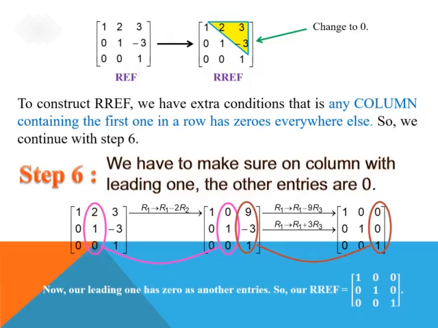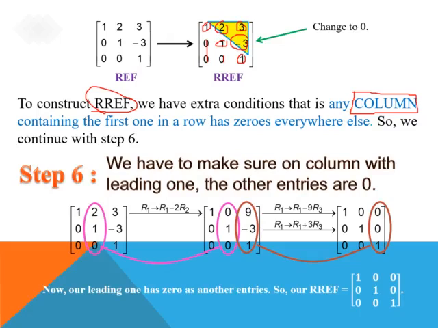To construct RREF, we have an extra condition. Any column containing the leading one in a row has zeros everywhere else. So meaning for every leading one, the other entries must be 0, 0, 0, and this one also 0, 0, 0.